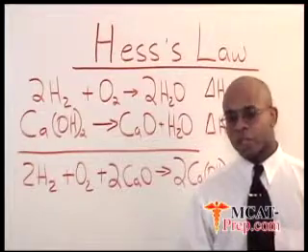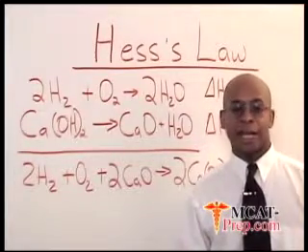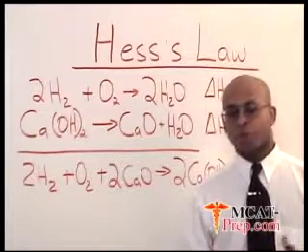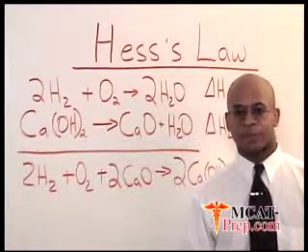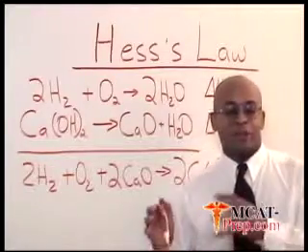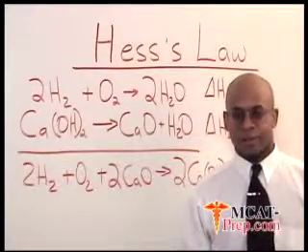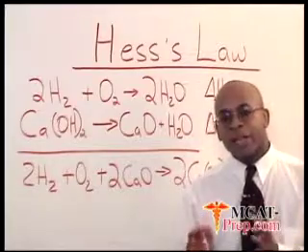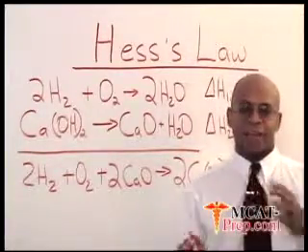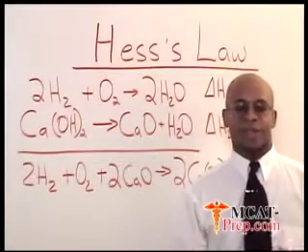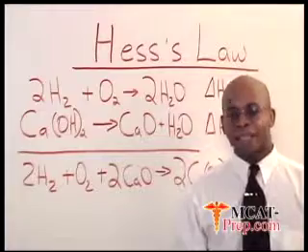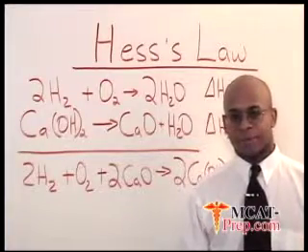The delta H for an endothermic reaction is positive. The delta H for an exothermic reaction is negative. Because these different chemical reactions have different delta H's, but the delta H's are always dependent upon the initial and final circumstance of the reaction, they are called state functions.